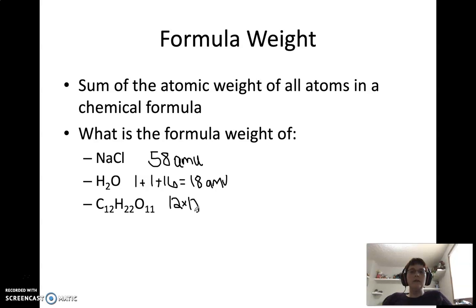So 12 times 12. And we're going to add that to, we know the atomic weight of hydrogen is 1. If you want to make sure that I've got these right, you can double check it on your periodic table. But again, these are ones that we commonly use, so I've used these guys a lot. Hydrogen, the atomic weight is 1. So 1 times 22 is going to give us 22.